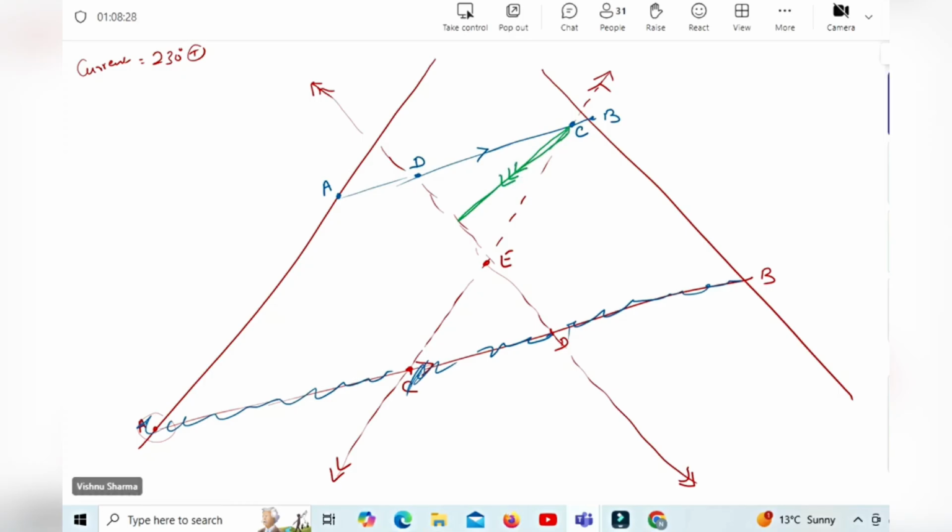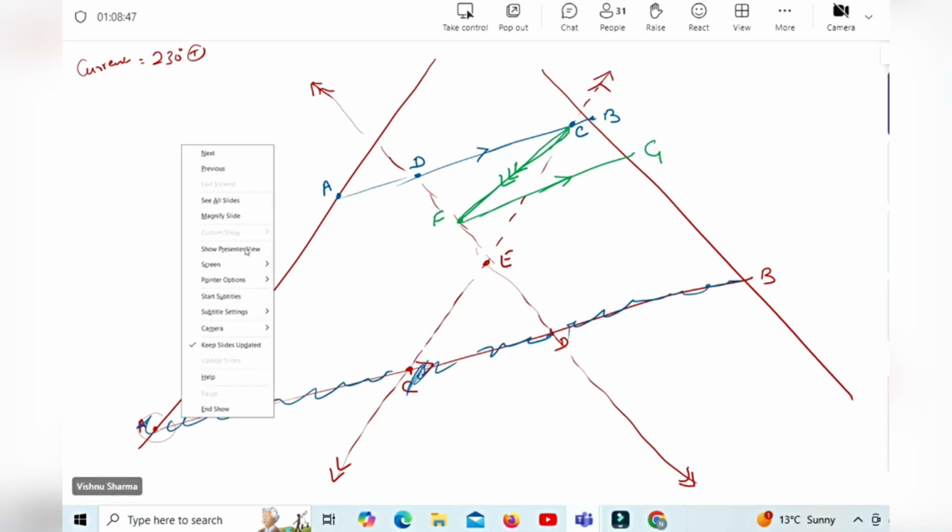And that will be my A, B, C, D, E, F. And now I'll draw my CTS to the third PL, guys. This is my G. Now I'll join HE.